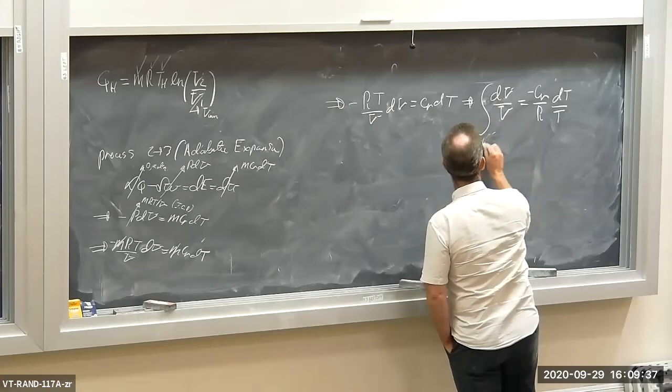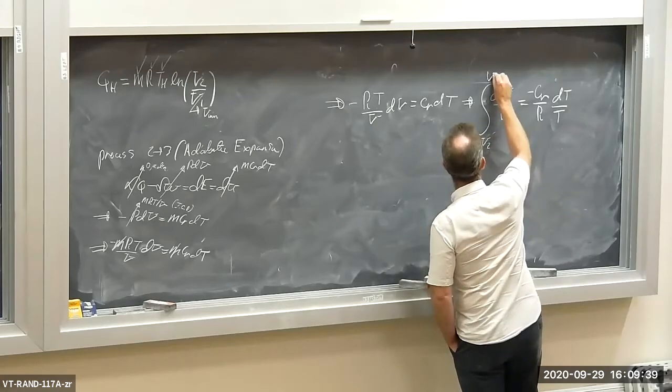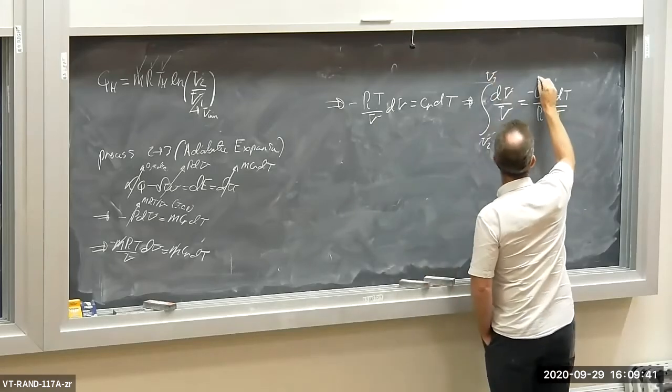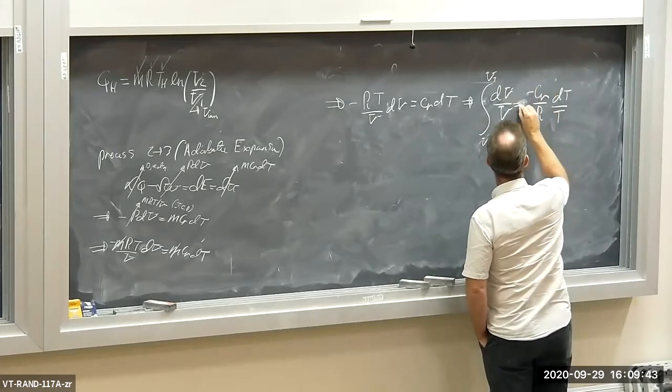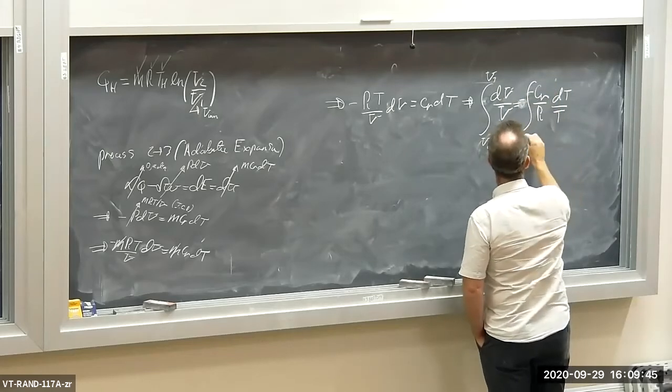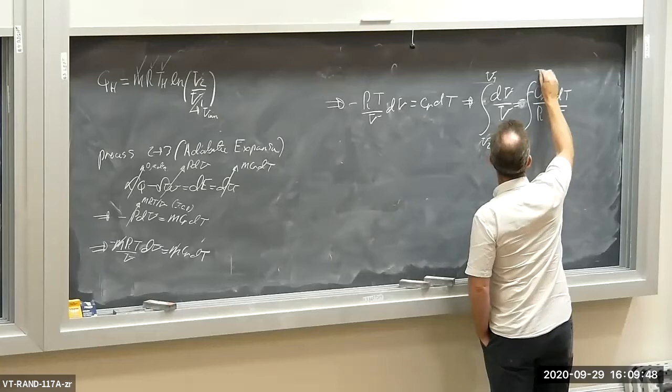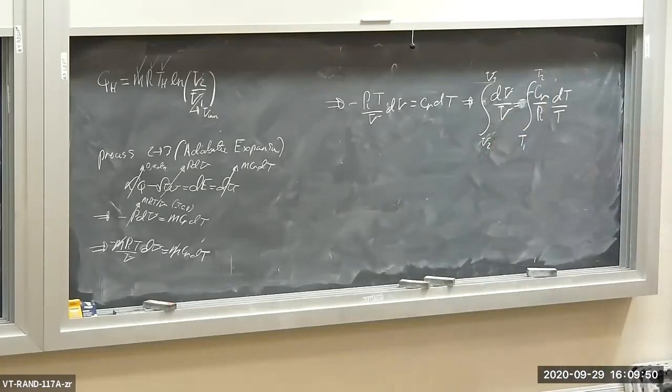So let's integrate this from volume V2 to volume V3, and let's integrate this from T2 to T3. The variable of integration is volume on the left, temperature on the right.